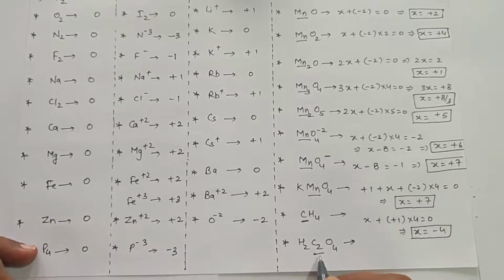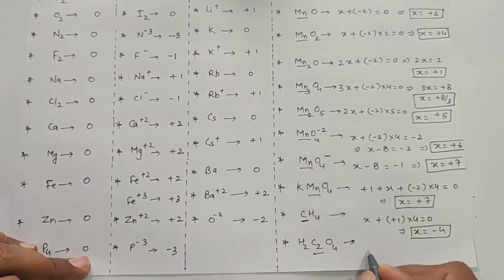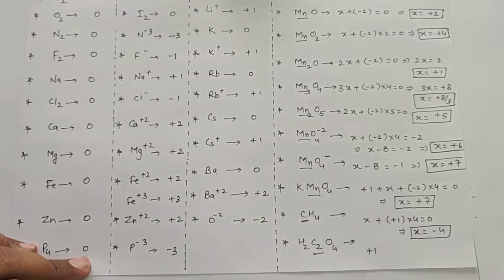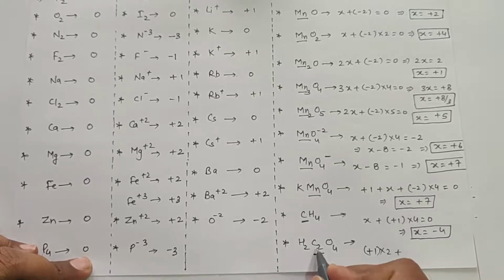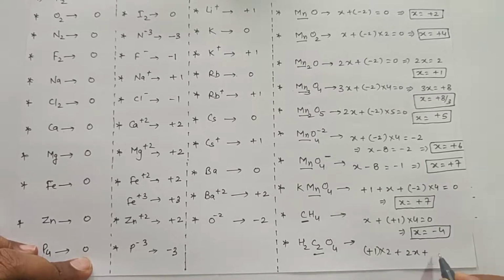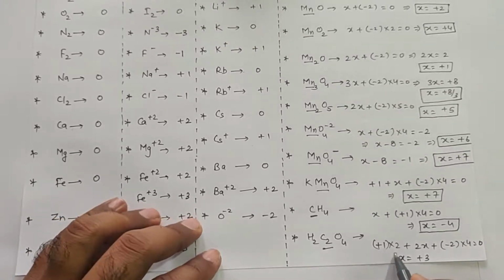Here we need to calculate the oxidation number of carbon. Carbon and oxygen both are non-metals, so hydrogen will show positive oxidation state. Plus 1 into 2, plus there are total 2 carbon atoms, plus 2x plus minus 2 into 4 equals 0. It will give x equals plus 3.